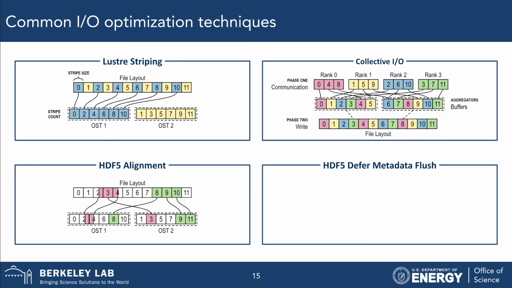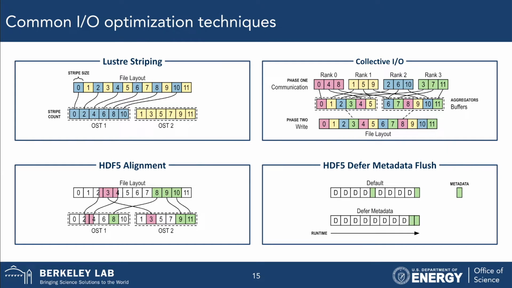So if we set alignment so that our application will be aware of those boundaries, read and write operations will fit onto those stripes. We can also have deferred metadata flush, which instead of writing the datasets throughout the application and then writing metadata, we just store the metadata in cache and write everything at once in the end, improving performance in some cases.